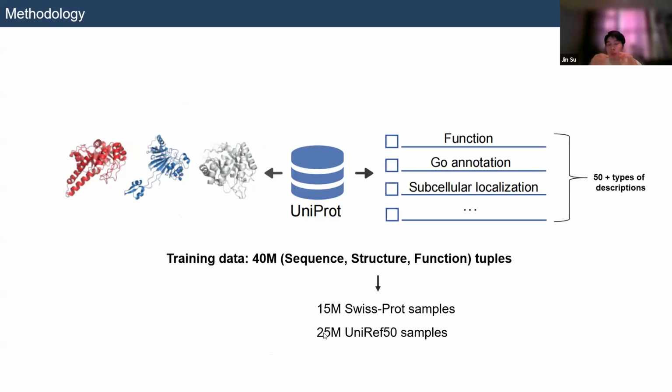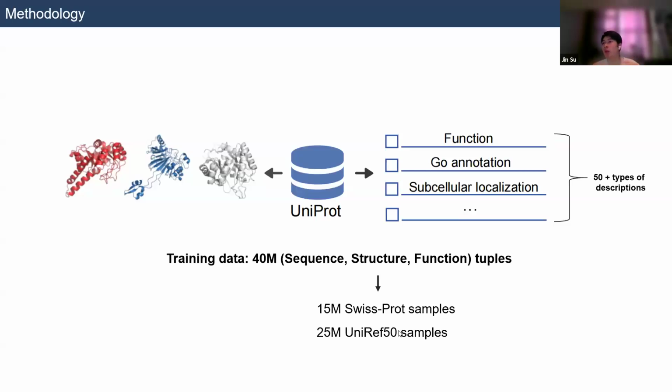If the protein-text score is higher than this threshold, we keep the sample. Otherwise, we filter it out. This threshold is determined by averaging all the scores computed on the SwissProt samples. For all these 15 million samples, we compute their protein-text scores, and we average them. By doing so, we get a threshold. Then for all samples in the UniProt 50 database, we filter out all protein-text pairs under this threshold.